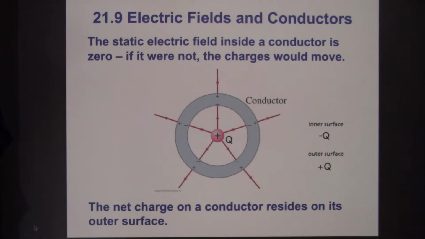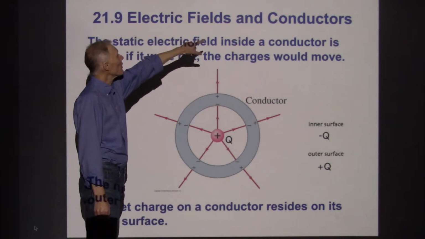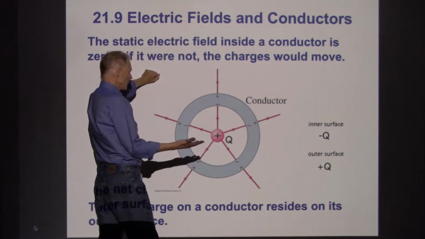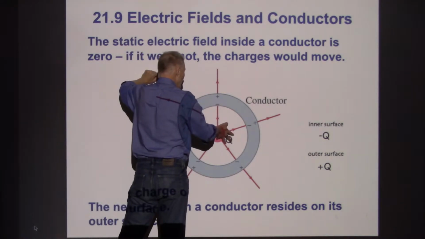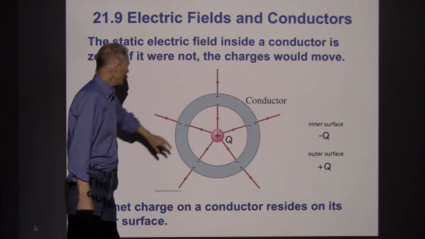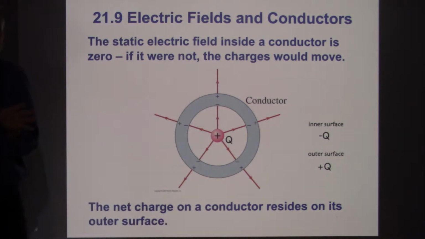Now let's talk a little bit about electric fields within conductors. What we've got here is a hollow sphere, made out of some metal, maybe iron or stainless steel, in a region where it could be exposed to different charged samples.